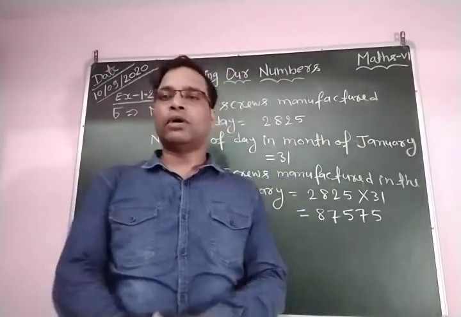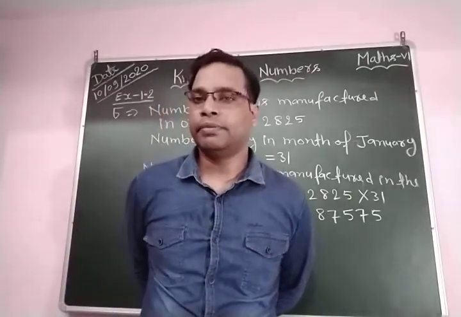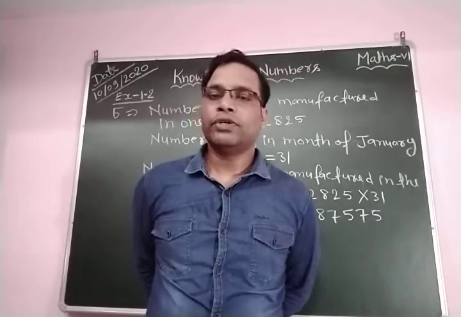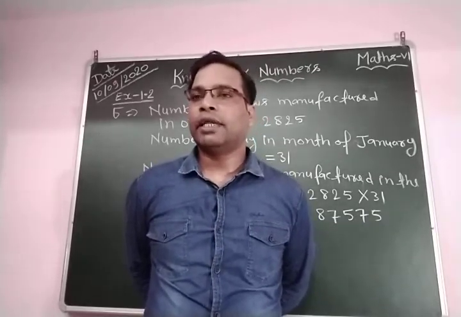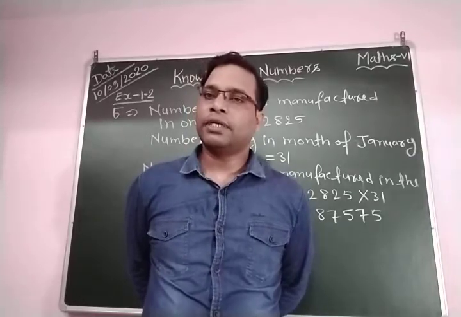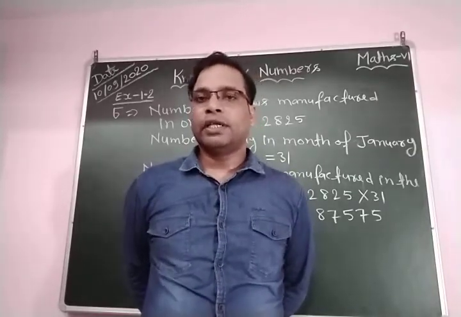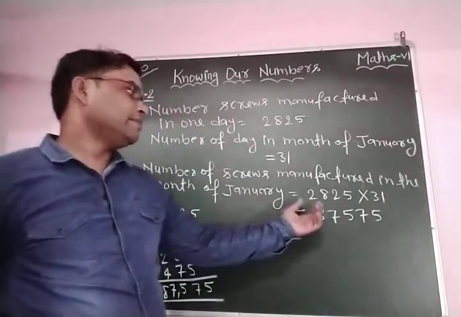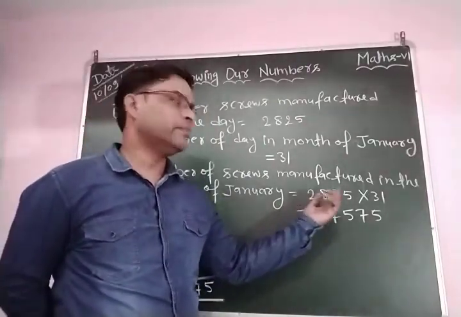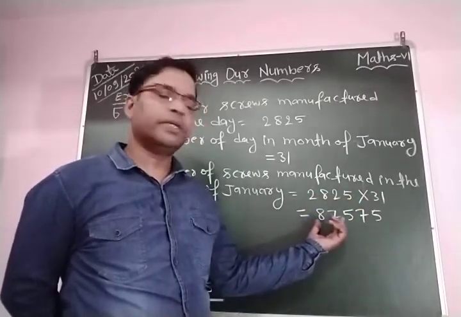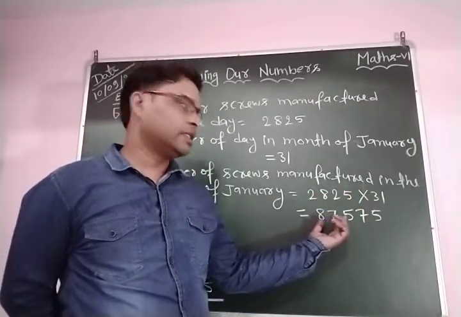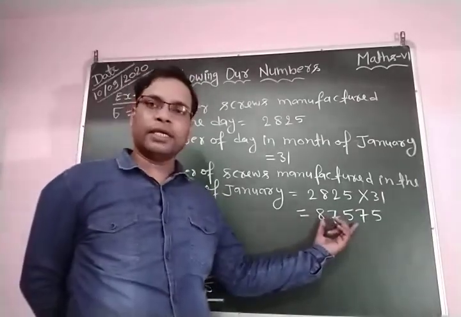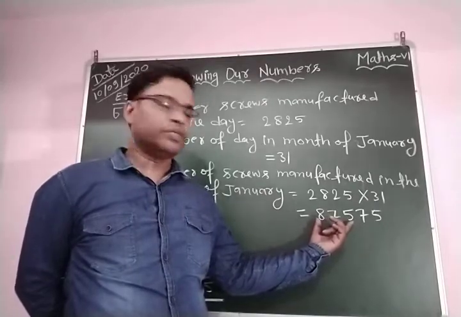This is given: 2825 screws per day. But we need to find the number of screws manufactured in the month of January. So when you multiply 2825 by 31, then you obtain 87,575 screws. This is the number of screws that the machine manufactured in the month of January.